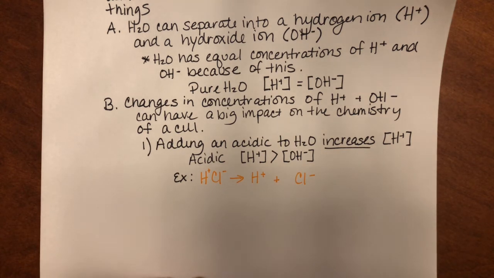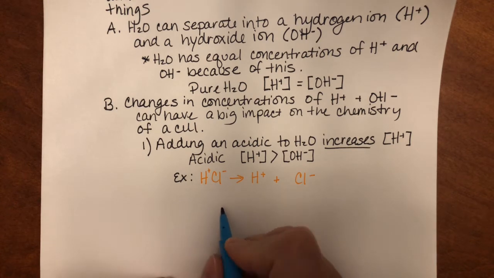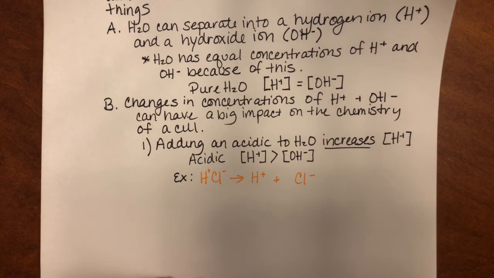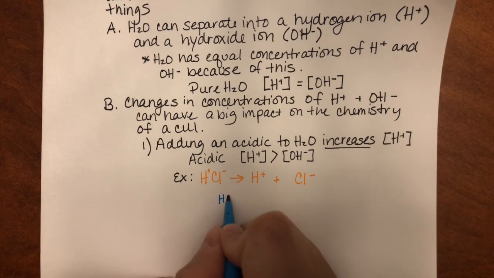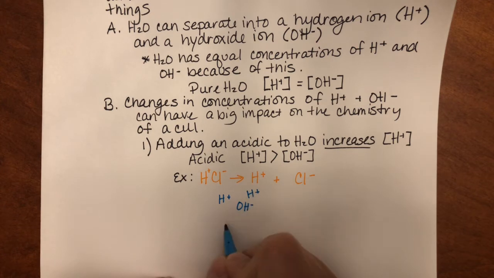Let me illustrate that to you. Let's do blue for water. If you have just water, let's say I have a container of water, and water has equal concentrations of H pluses and OH negatives. I'm going to make 2 of each to show that there's equal concentration. That's my pure water.